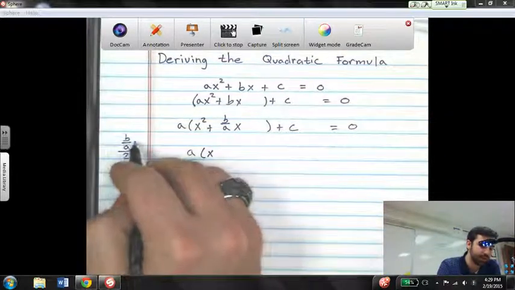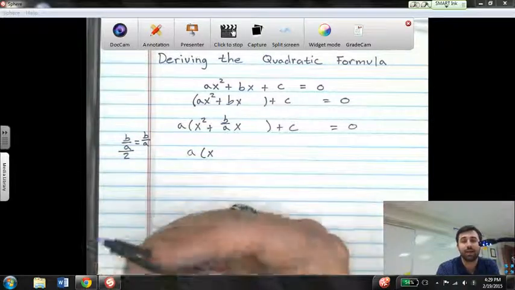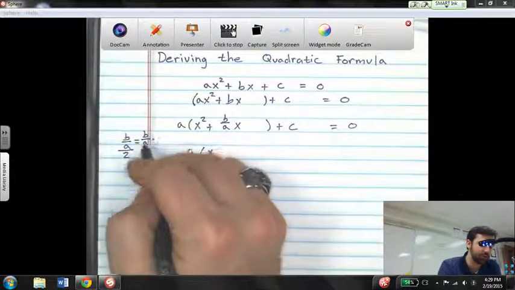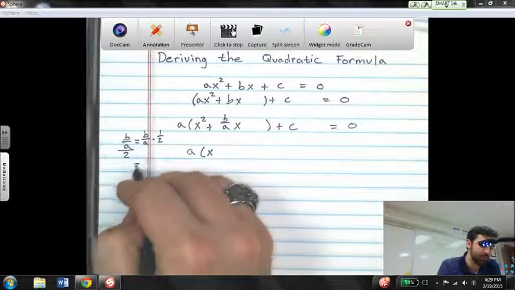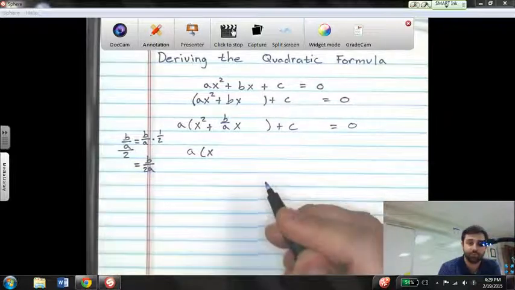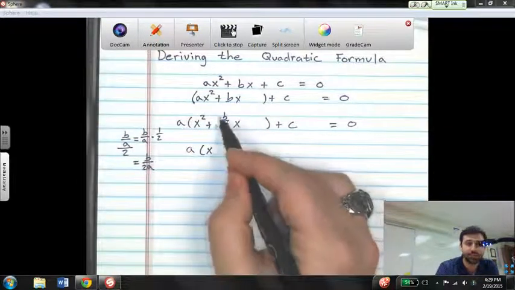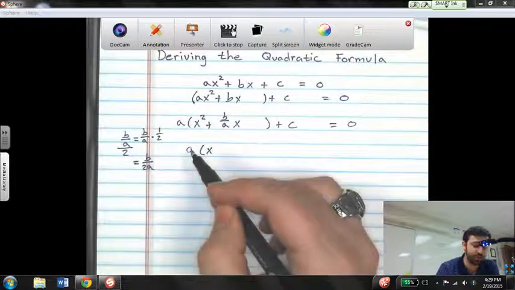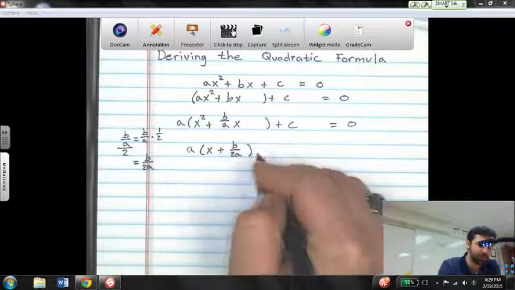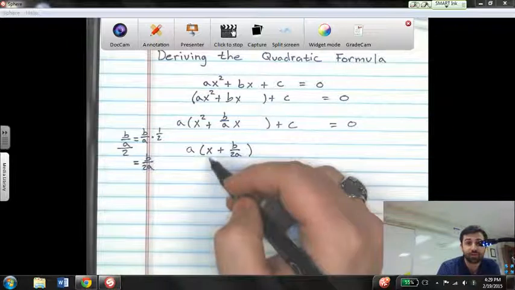When I'm dividing by a constant, it's like multiplying by the reciprocal, or keep, change, flip, which would allow me to have b over 2a. So all this step is doing is taking this middle coefficient and dividing by 2, which from completing the square we know helps us find the number that this factors to.